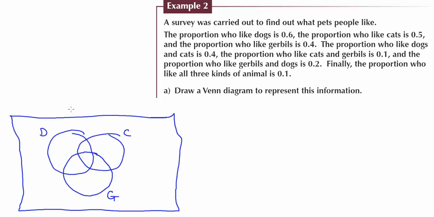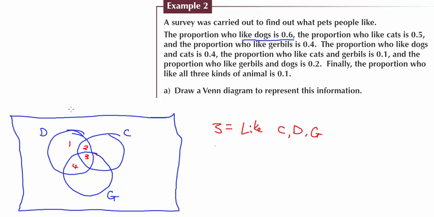Because think about this, you get told the proportion who like dogs is 0.6. But look at dogs. Dogs is made of sections 1, 2, 3, and 4. By the way, 3 is they like dogs, like cats, and like gerbils. So 3 literally is a section where they like cats, dogs, and gerbils.